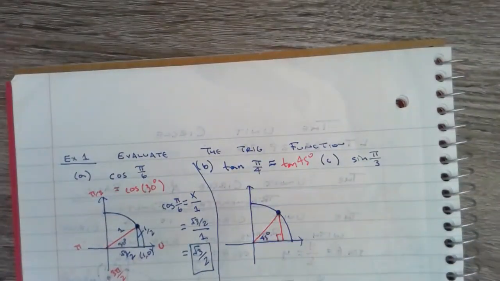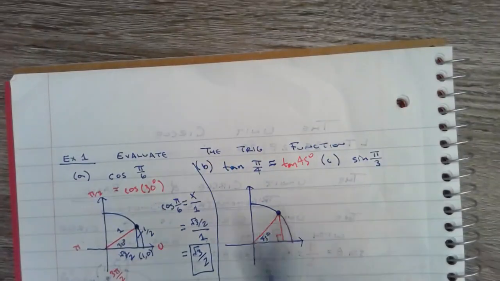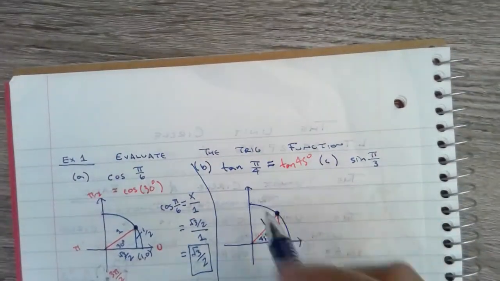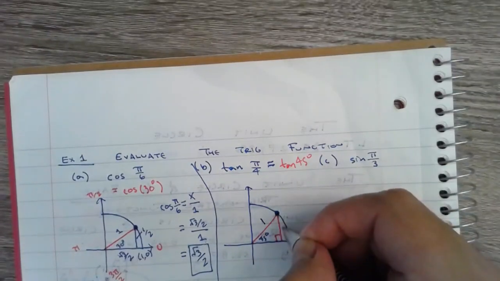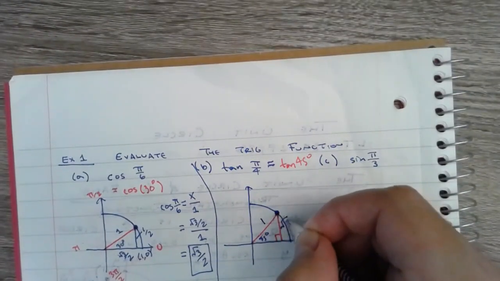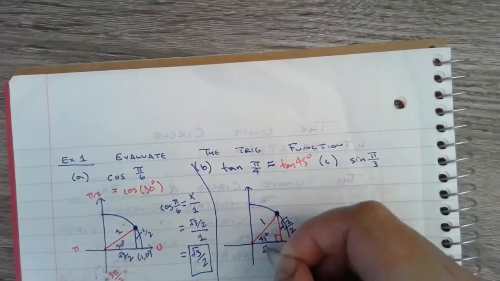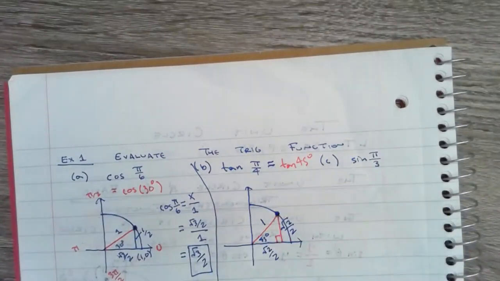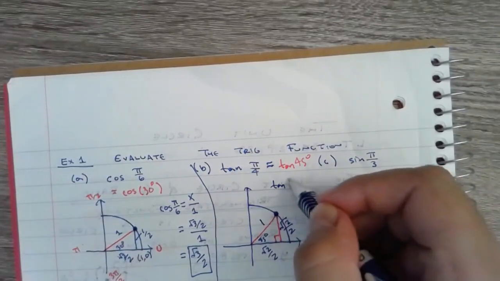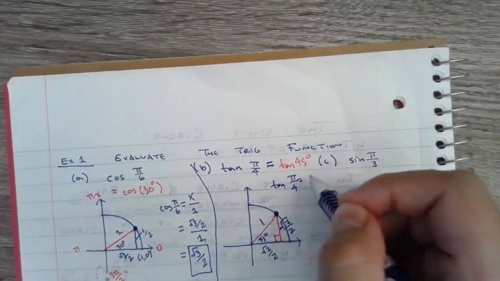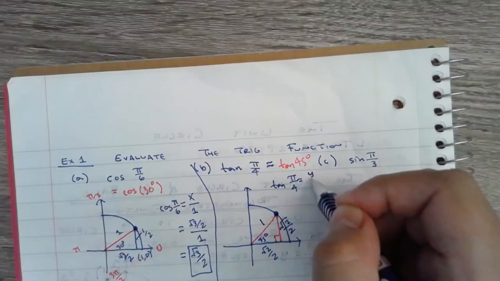Okay, so your tangent. So first, remember, this side right here is 1, and then to get from here we have to divide by square root of 2. So this right here is going to be square root of 2 over 2, and this is going to be square root of 2 over 2. Now, to go back to our functions, tangent of pi over 4 is going to equal y over x.